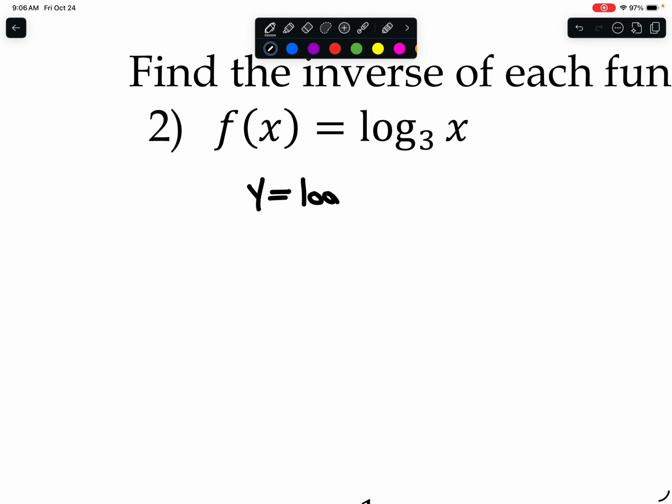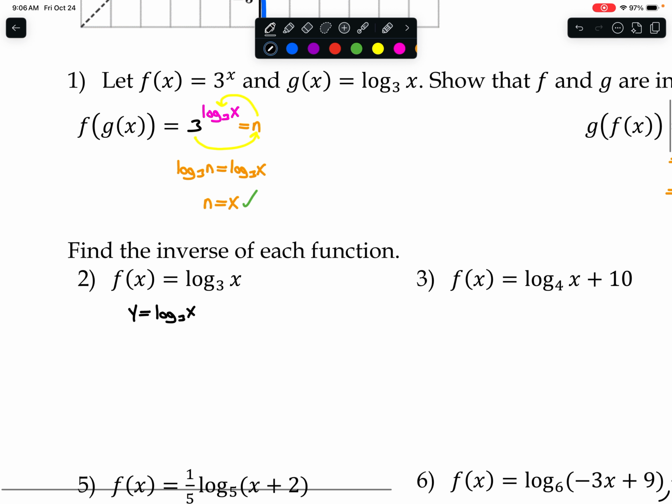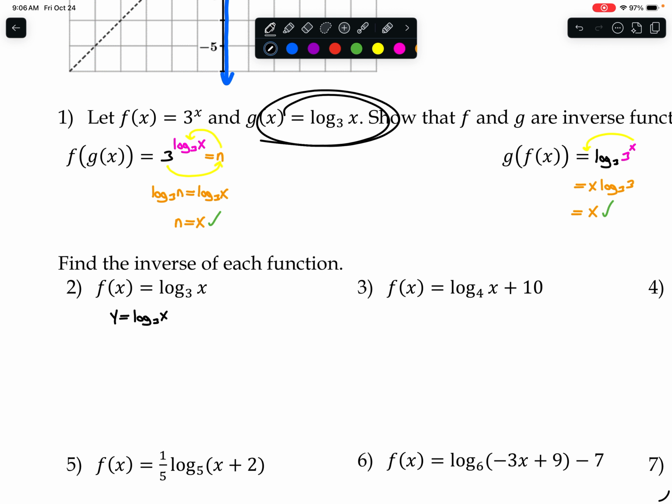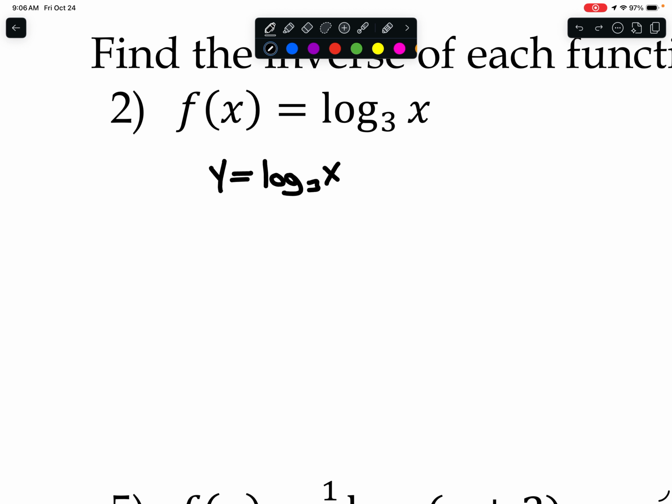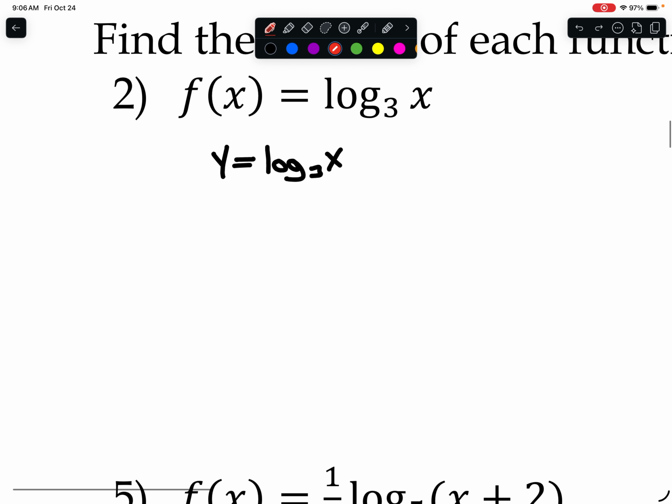So we're going to have y equals log base 3 of x, which is kind of a bad example to start with, considering we already know the inverse is going to be 3 raised to the x. So what's going to happen is when I do the inverse, I'm going to flip the x and the y. So I'm going to rewrite this as x equals log base 3 of y.